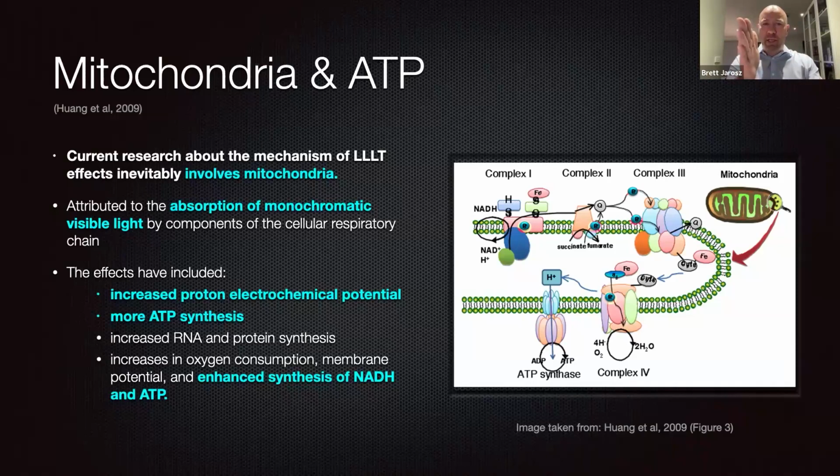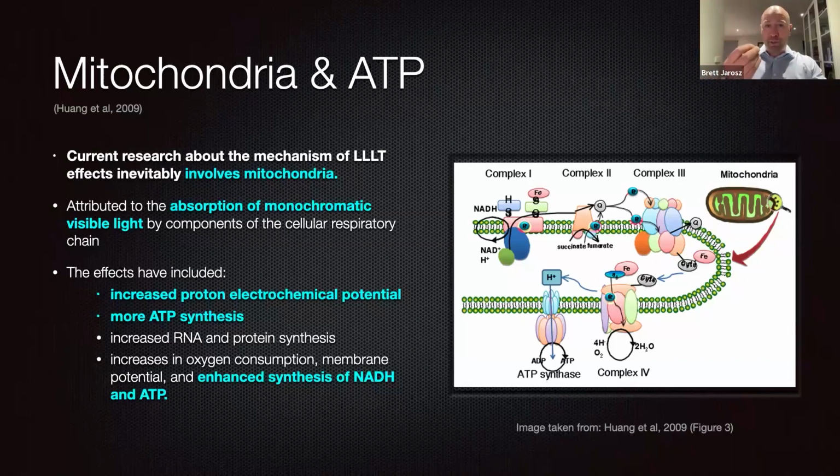And what we're going to see as we go through the presentation is the different parts of the electron transport chain that we can see in the picture there, complexes 1, 2, 3, 4, 5, or 5 ATP synthase. If we look at those different complexes, each of those seems to absorb a certain color of light.